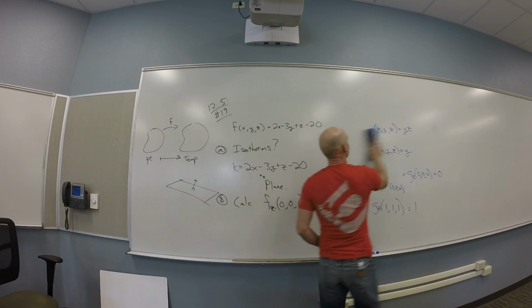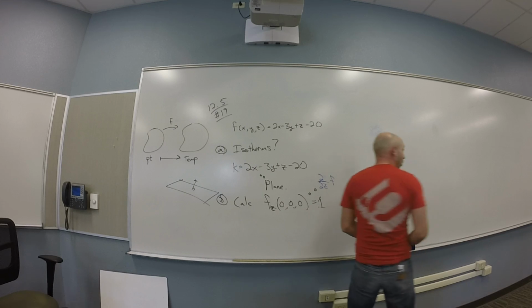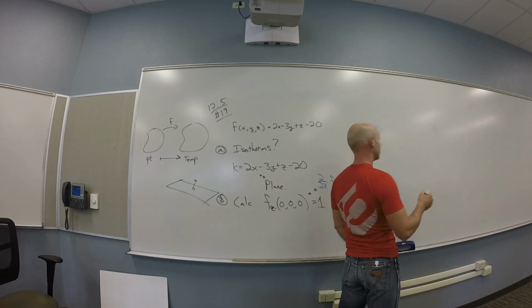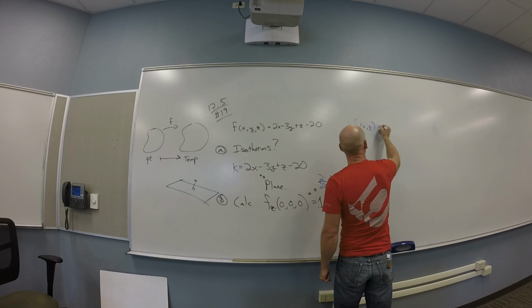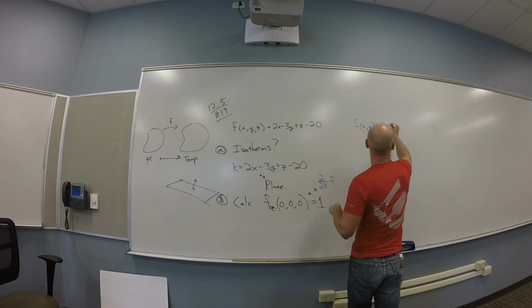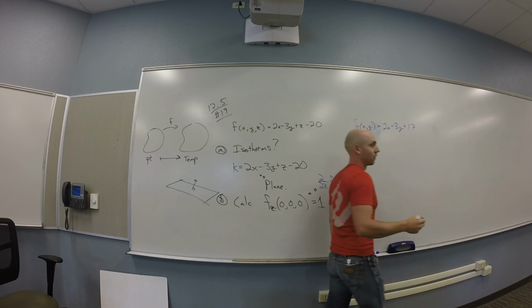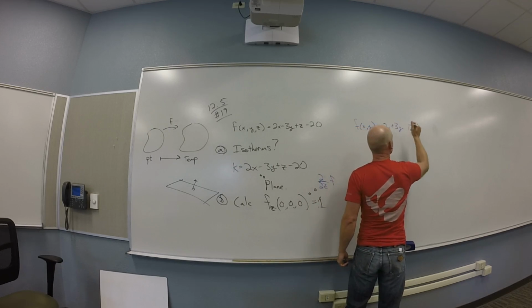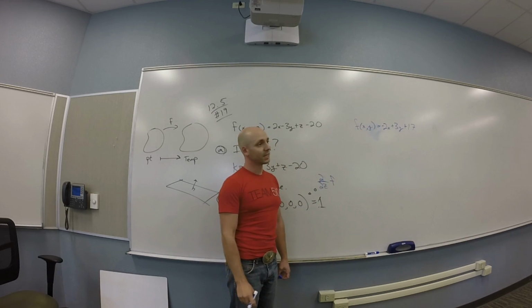So what's the isotherm? Yeah, that's the points where the temperature is all the same, right? Okay, so they said that's when f of x and y is negative 2x plus 3y plus 17. Okay, so where the heck did they get this?